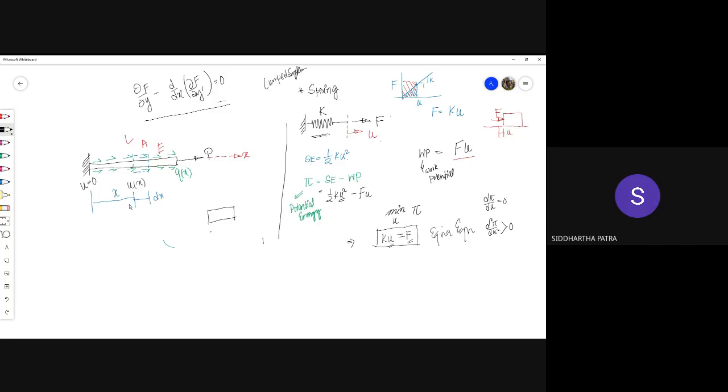This one has a dimension of dx, and it has a distributed load qx, and you might recall this distributed load is essentially force per unit length. Now if I look at the stress on either side, on this side it is sigma x, on the other side it is going to be sigma x plus d sigma x dx times dx.